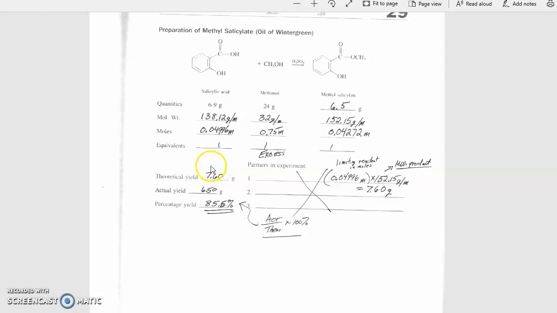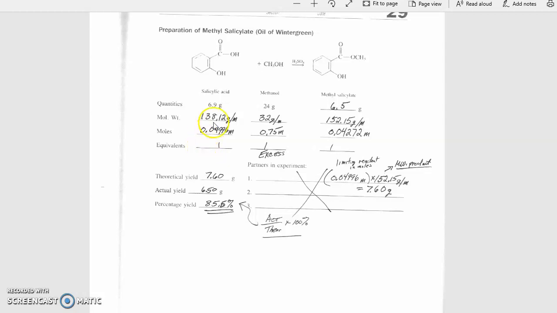Okay, so don't be surprised if you see something along these lines on the test, because this is something that you should have remembered from the earlier chapters of how you do this type of calculation. Remember, whatever is the smallest number of moles on the reactant side is the limiting reactant.